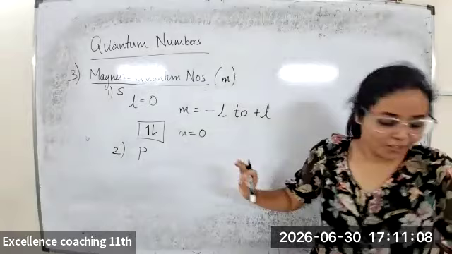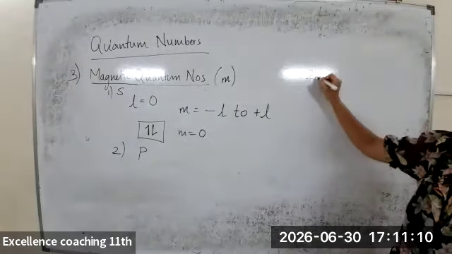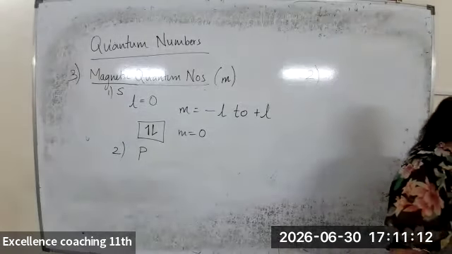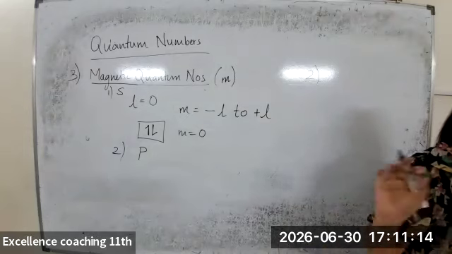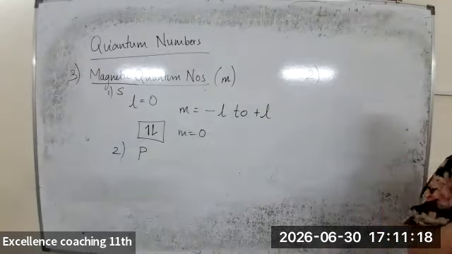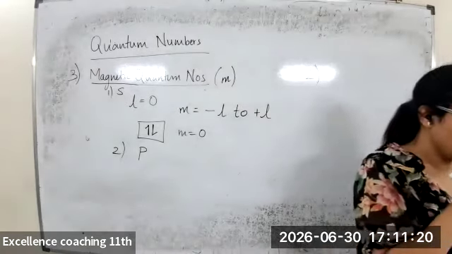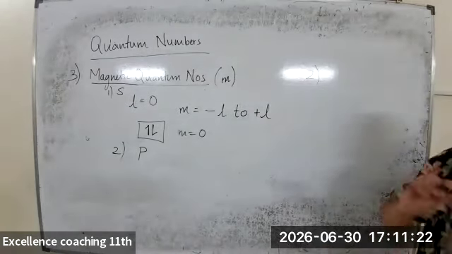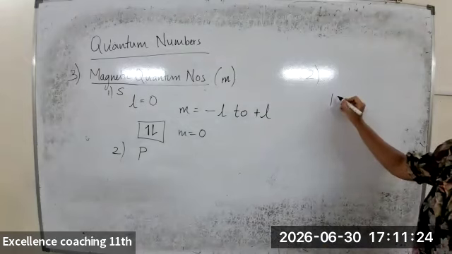So what you do is, for the principal quantum number, just write principal quantum number, and in brackets you can write small n.